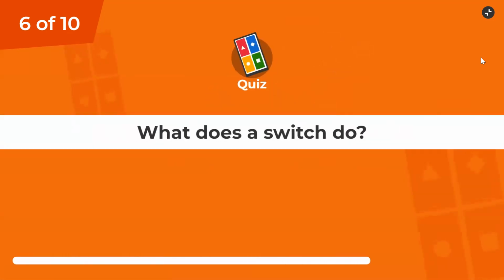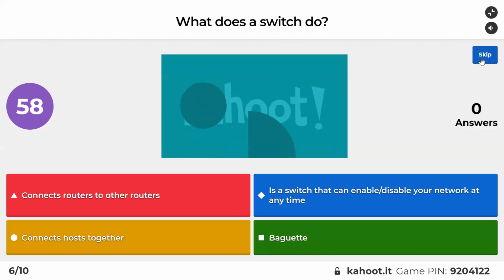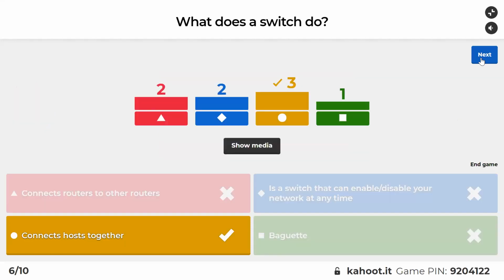What does a switch do? Okay, the answer is 3.